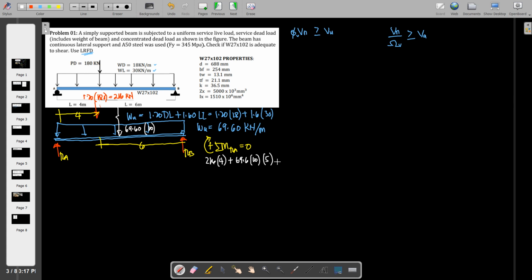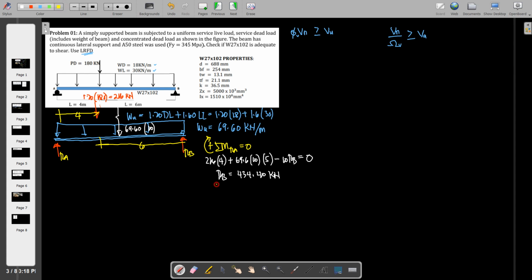And then minus, RB is counterclockwise, so minus 10 times RB. We equate that to 0. Therefore, RB will be equal to 434.4.